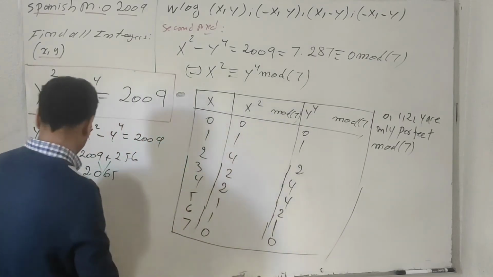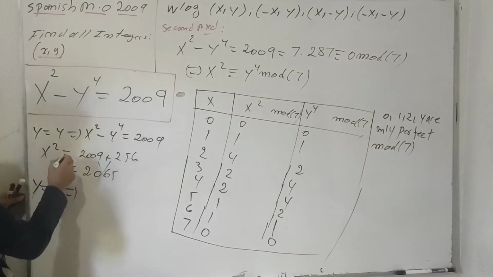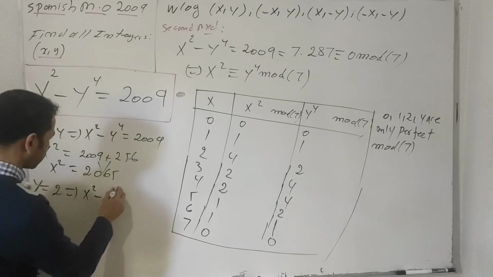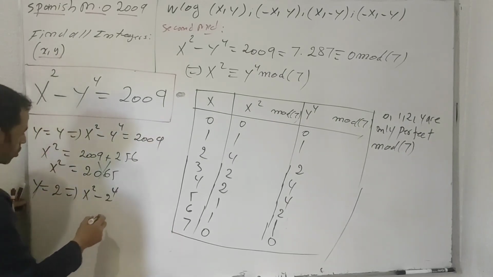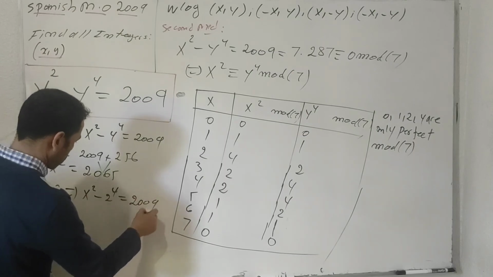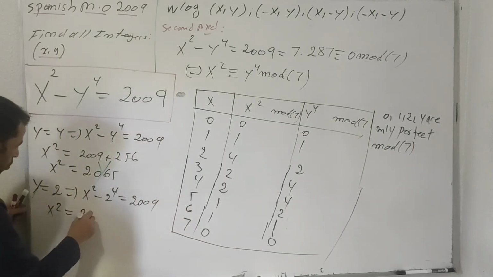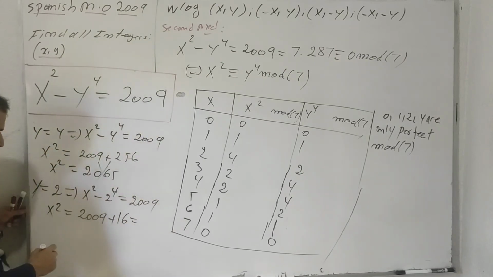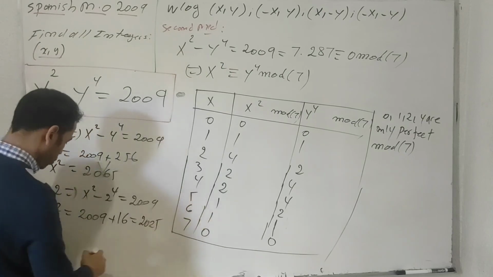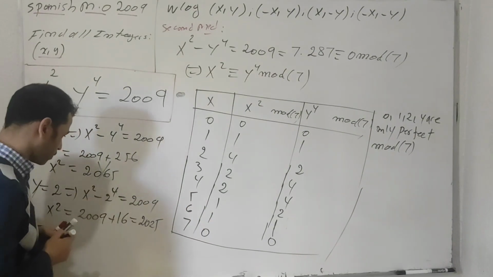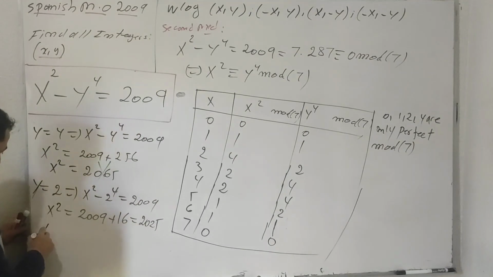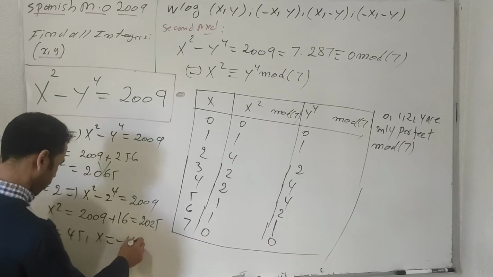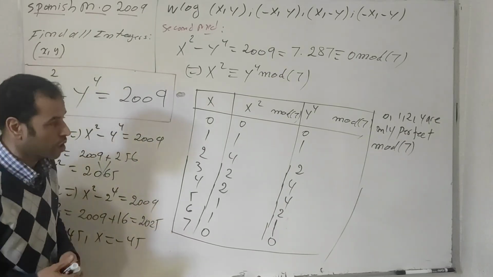Now plugging this into the original equation, x squared minus 2 to the fourth equals 2009, which means x squared equals 2009 plus 16, giving us 2025. 2025 is a perfect square. If I apply the square root on both sides, I will have x equals 45 or x equals minus 45, which are the solutions that we found before.